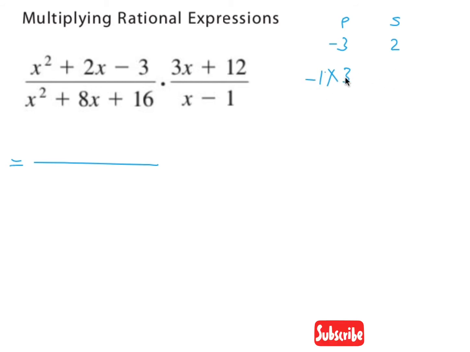So -1 times 3 is -3, and -1 plus 3 we get 2. So we got two numbers -1 and 3: x minus 1 and x plus 3.